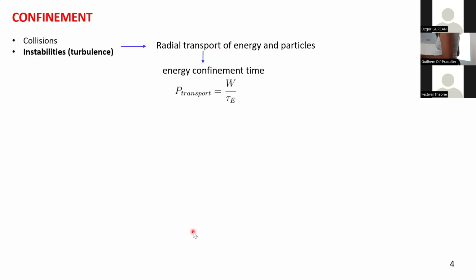Confinement is not perfect, and it is ruled mainly by two phenomena: collisions and instabilities. Those two phenomena lead to radial transport of energy and particles, and the figure of merit measuring the goodness of confinement is the so-called energy confinement time, which is at the denominator of this formula here, and measures the time needed for all the energy in the tokamak to leak out.